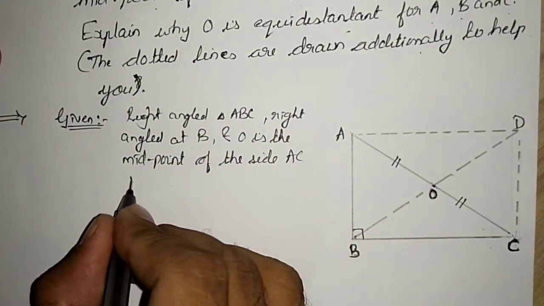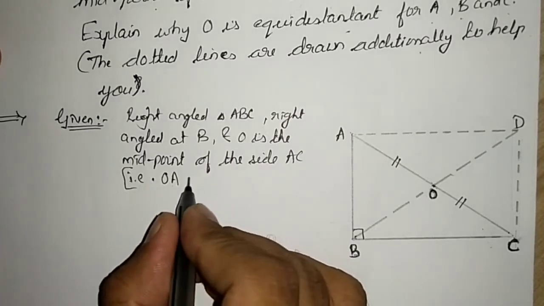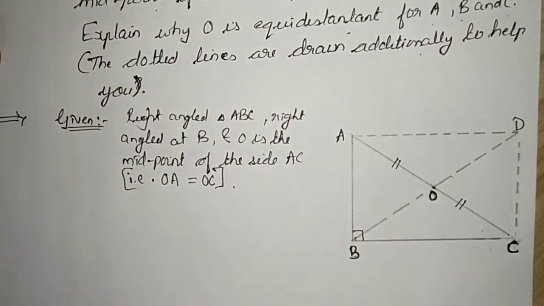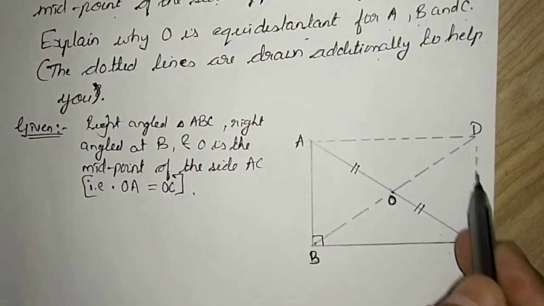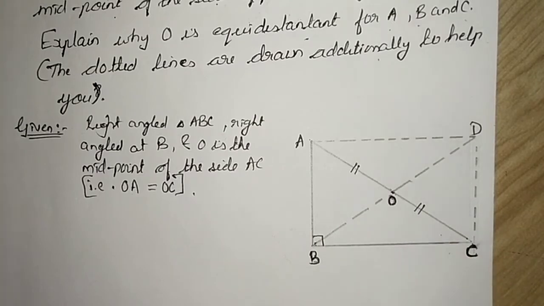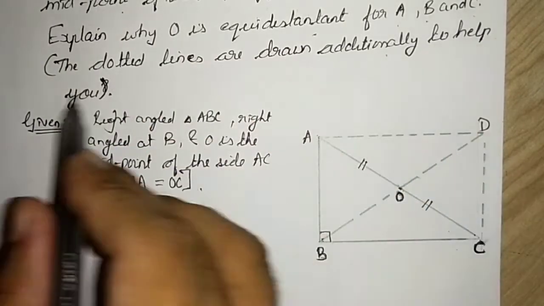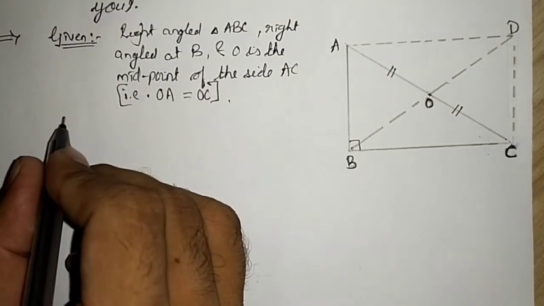What does that mean? It means OA is equal to OC. They have already given that. Now since they have given us some hint, this question will be solved by doing a construction. As they have given us the dotted line, we have to construct. So we will write like this.